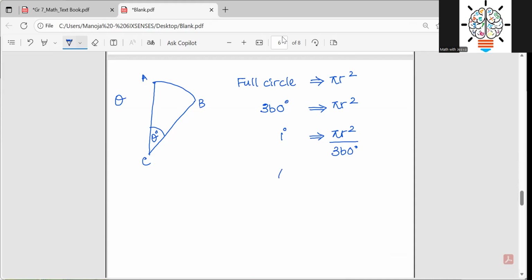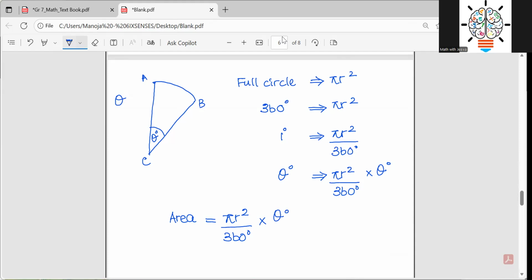So then I take the theta. How do you get that? 5R squared divided by 360 multiplied by theta. So how do you find the area, children? You get the full circle, you divide it by 360 and multiply by the given theta value in the center.